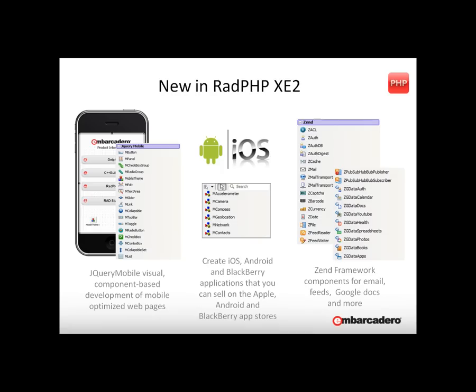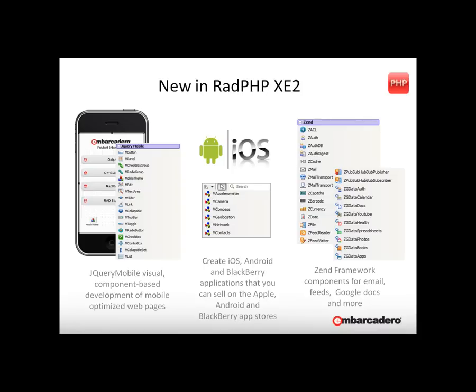So in this session, we quickly saw using RadPHP XE2 with jQuery mobile visual component-based development of mobile optimized web pages, and using PhoneGap, we saw how easily you could create iOS, Android, and BlackBerry apps that you can sell on the Apple, Android, and BlackBerry app stores.